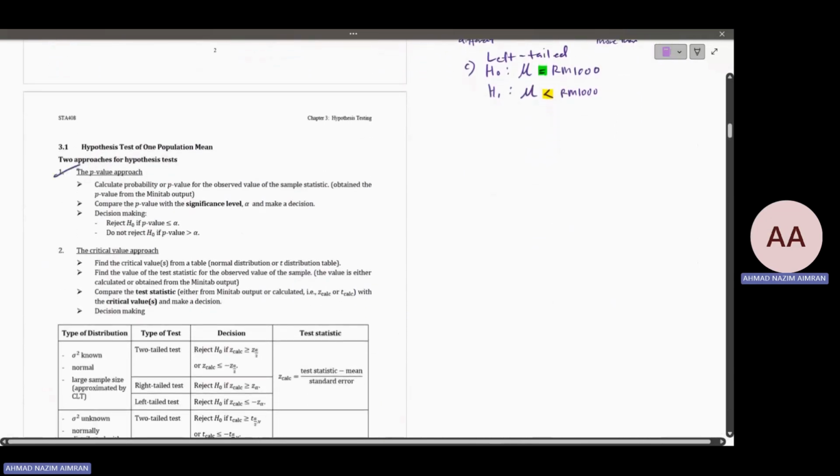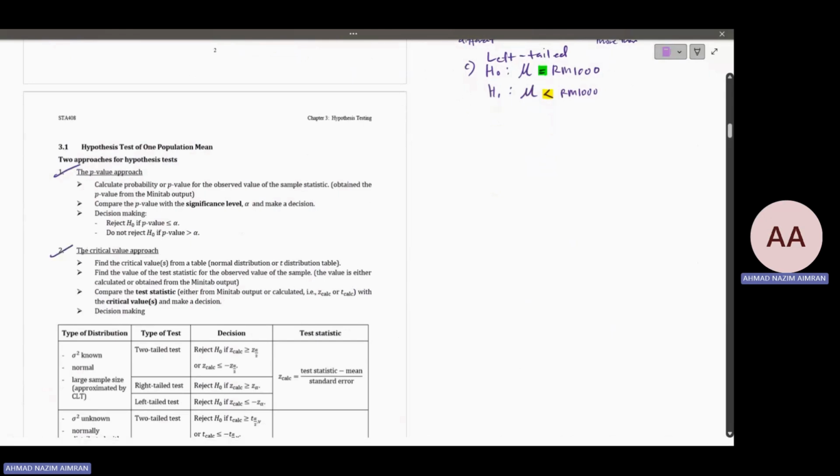The first one is the p-value. The second one is the critical value approach, which is what I mentioned earlier as statistical tests. And the third one is you can test the hypothesis by using the confidence interval, the one that you learned in chapter 2 earlier.